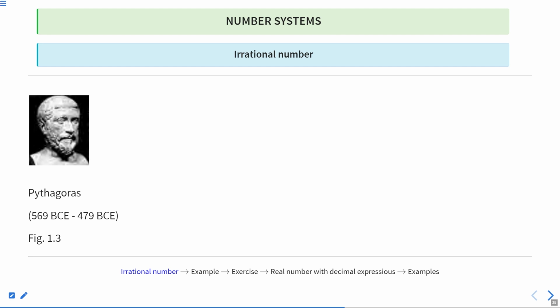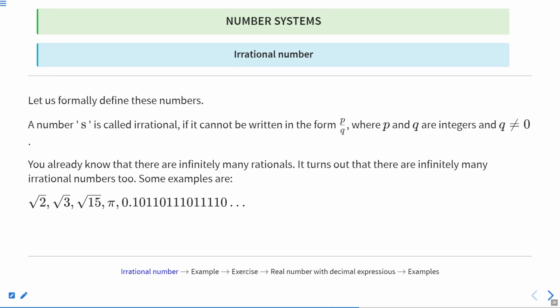Let us now formally define these numbers. A number is called irrational if it cannot be written in the form p over q, where p and q are integers and q does not equal 0. You already know that there are infinitely many rational numbers on the number line.